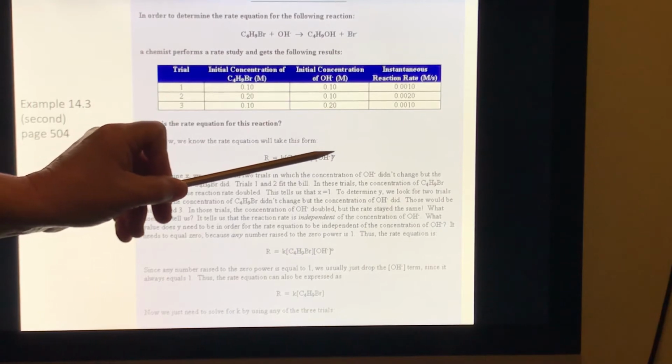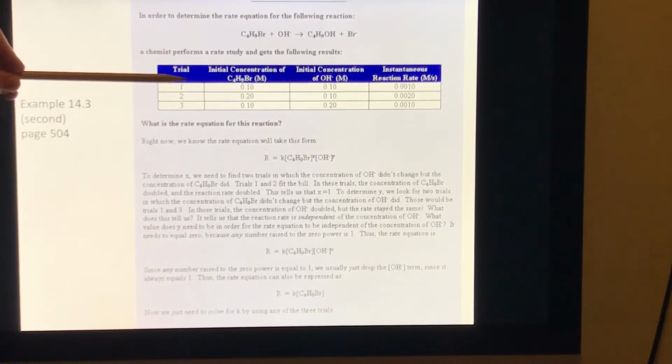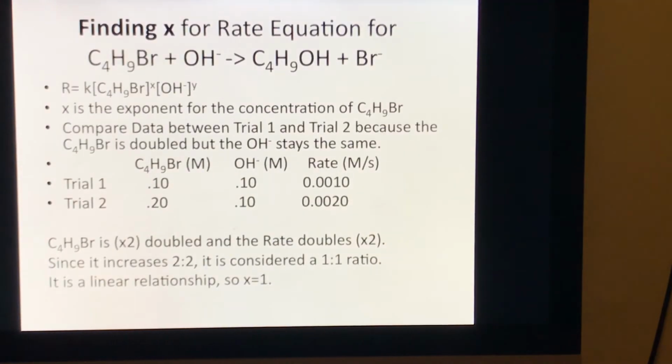So our first step is going to be to solve each for the X and the Y by analyzing the data in this chart. So finding X, right? This was our initial equation.